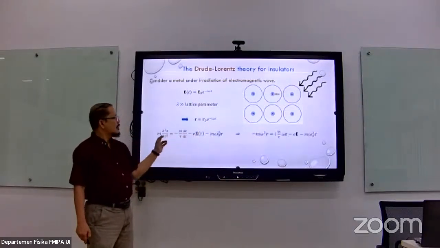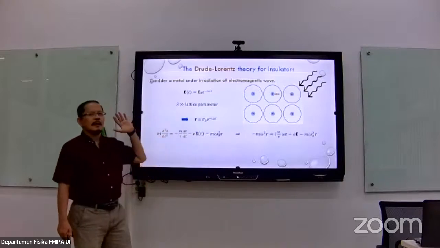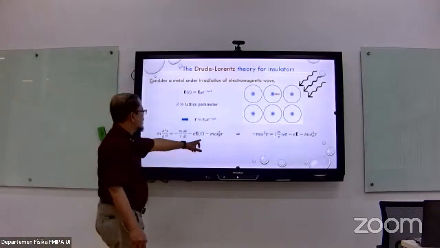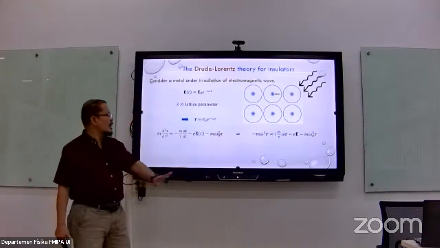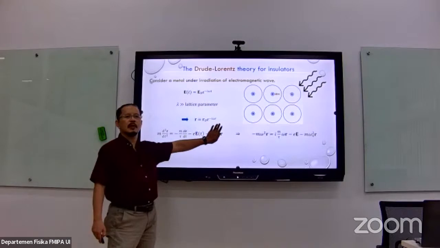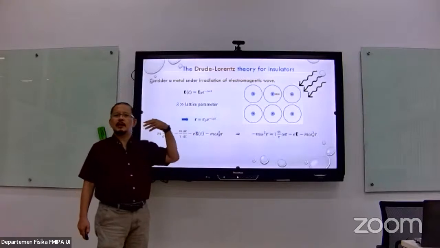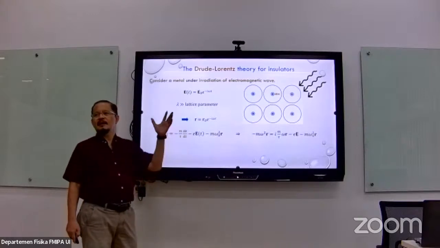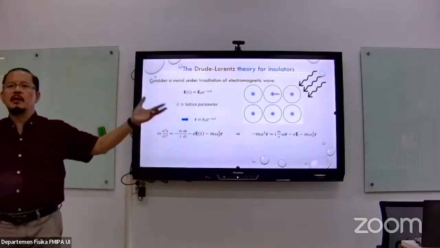Okay. Then we have the equation of motion, Newton's equation of motion, and the additional term that we didn't have before is this one. Remember, for metals, we don't have this term. Another thing we have to keep in mind is that when we think about metals, we say that the electrons are free, so they are moving, they are mobile.